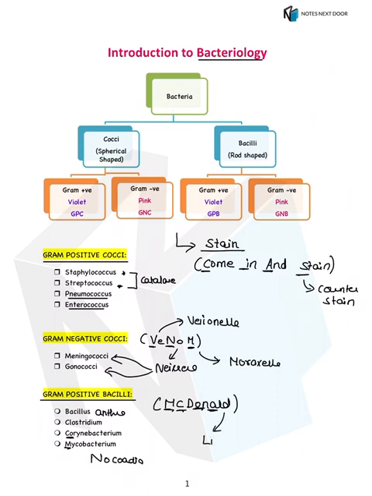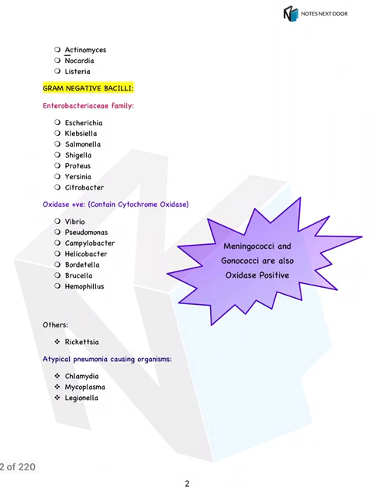L is for Listeria. A is also for Actinomyces, N is for Nocardia. So this sums up all the gram positive bacilli. Remaining all the Enterobacteriaceae family that you see are gram negative. So what are the Enterobacteria? E. coli, Klebsiella, Salmonella, Shigella, Proteus, Enterobacter. These are the remaining things.